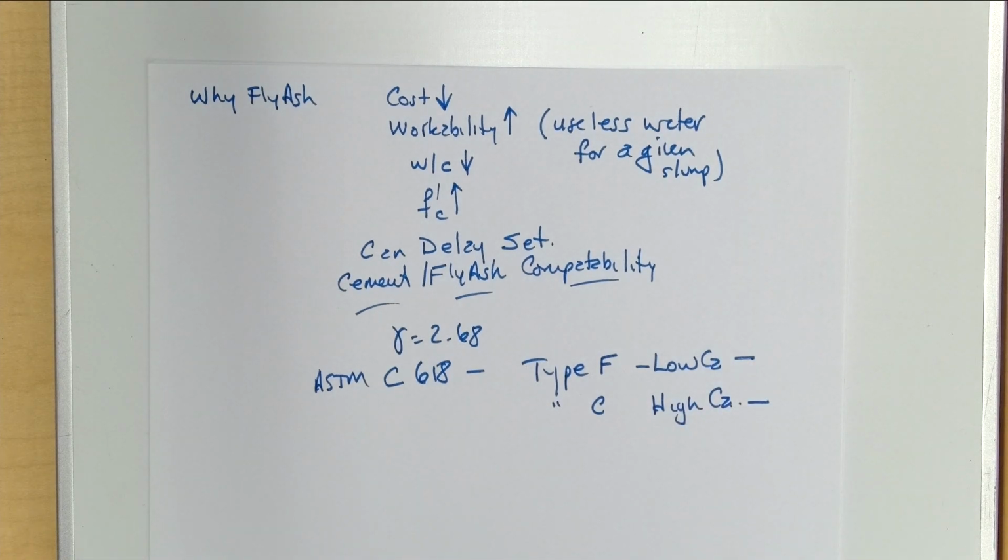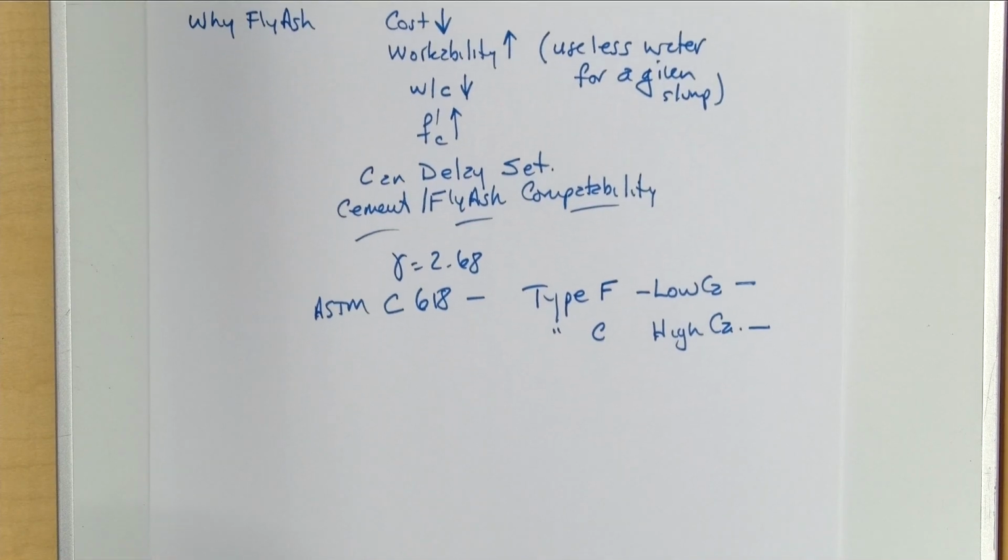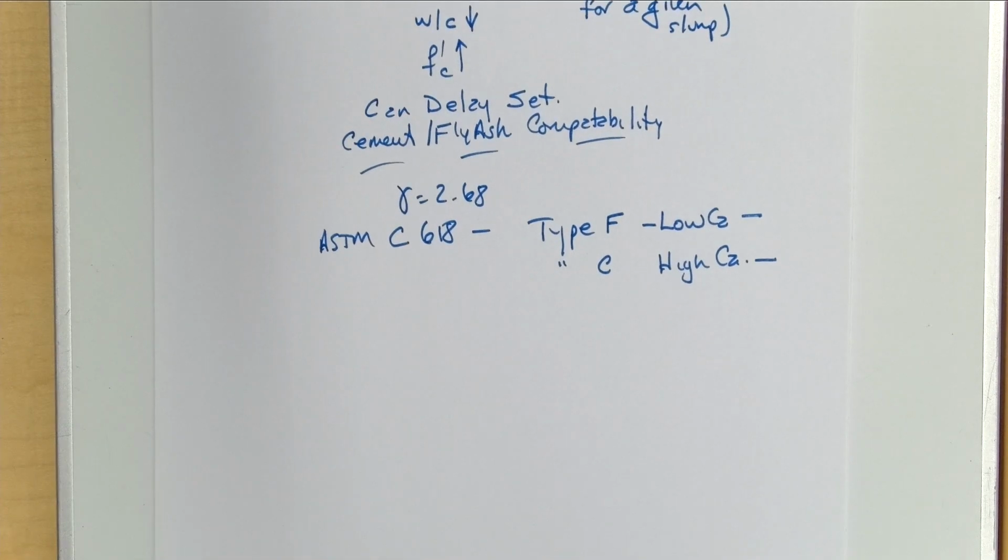Type C fly ashes are typically hydraulic cements in their own right, but we don't use them as hydraulic cements very often, so we can not worry about that. So we have a source of glassy material that is relatively inexpensive, and we can put into our concrete and get us more glue. If it comes from our modern volcano.